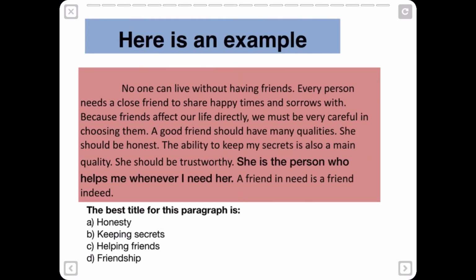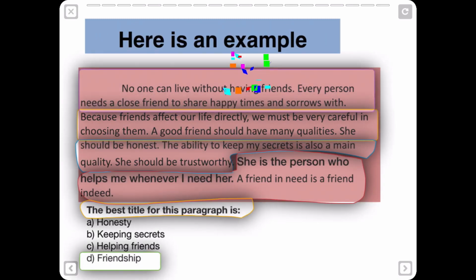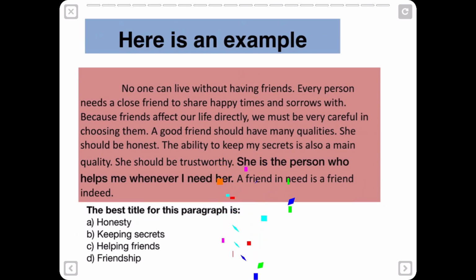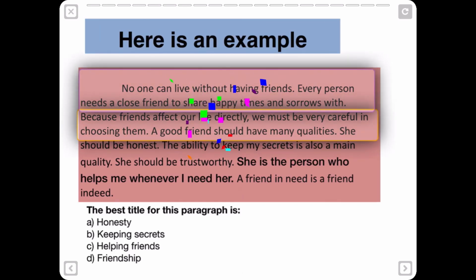Here is an example. Read the paragraph and after that, find out the best title. No one can live without having friends. Every person needs a close friend to share happy times and sorrows with. Because friends affect our life directly, we must be very careful in choosing them. A good friend should have many qualities.